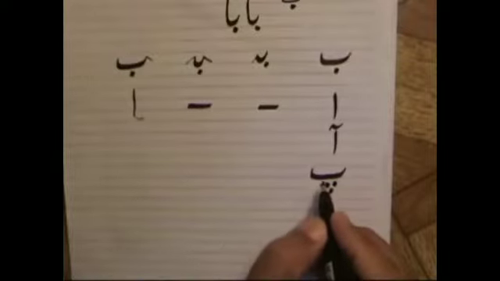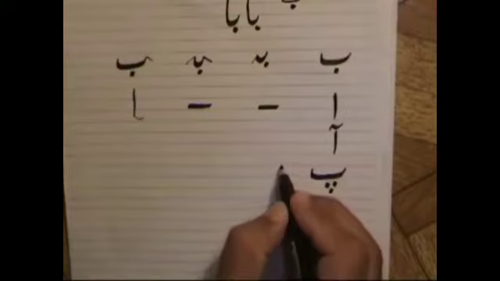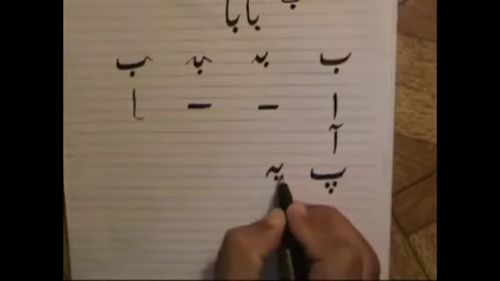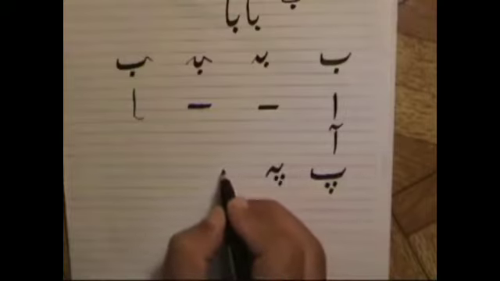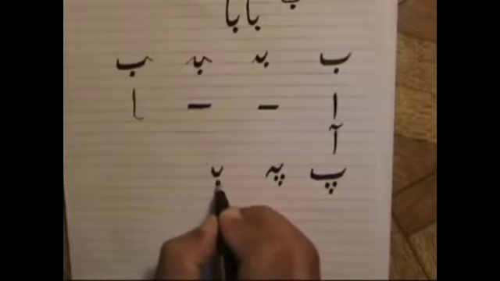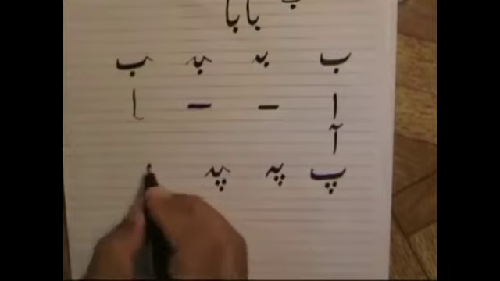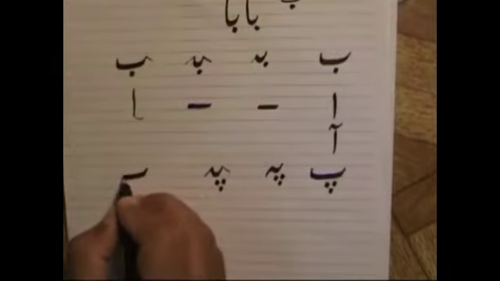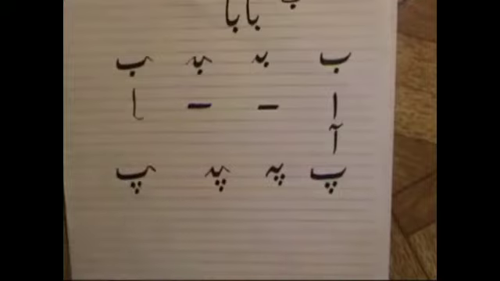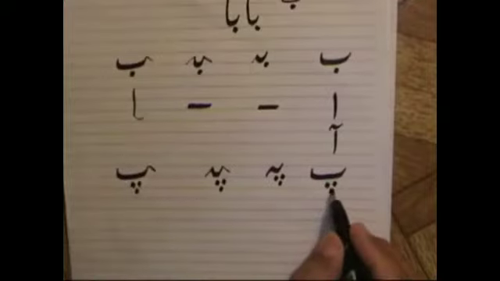Pe is a connector, so Pe at the initial, Pe in the middle, medial position, and it has the connector in the beginning and at the end, and Pe at the final position. The same is true for Te, te and se.